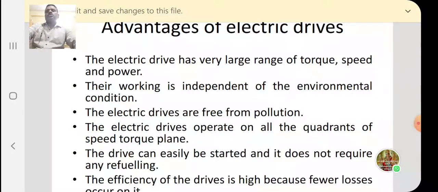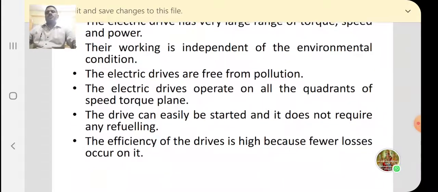Another advantage, the drive can easily be started and does not require any refueling. Last but not least, the efficiency of the drives is high because fewer losses occur in it.